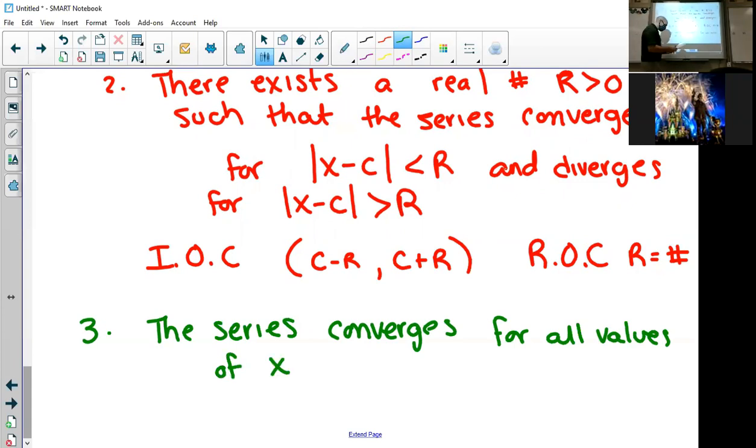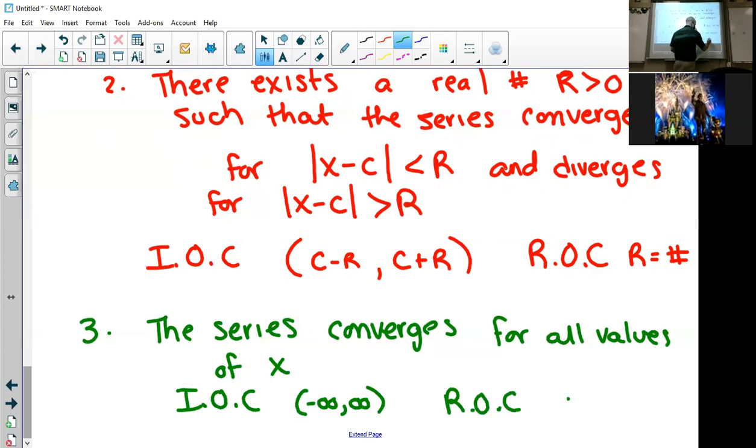And when this happens, our interval of convergence is actually negative infinity to infinity. And our radius of convergence is r equals infinity.